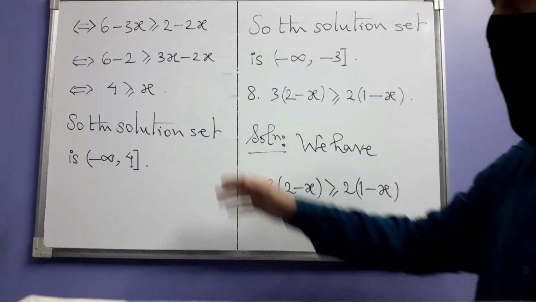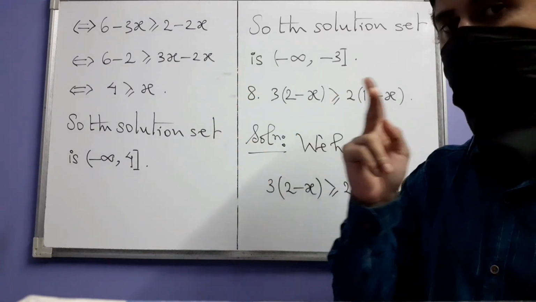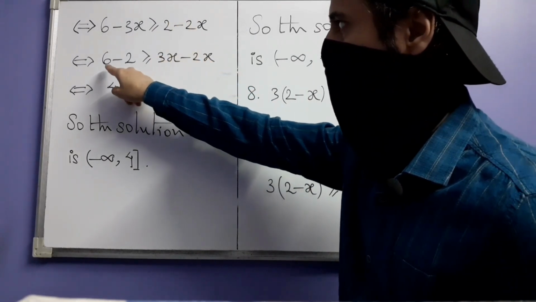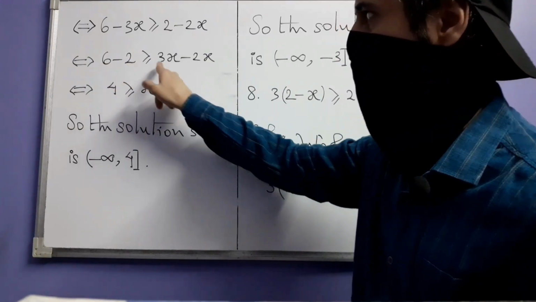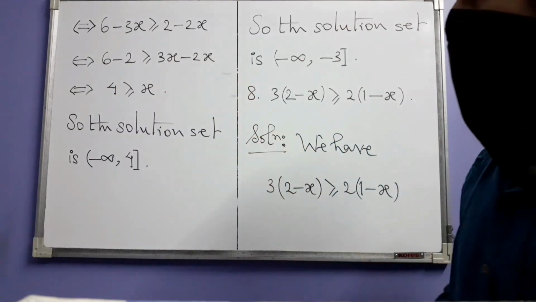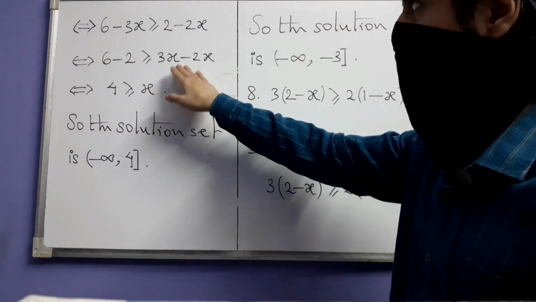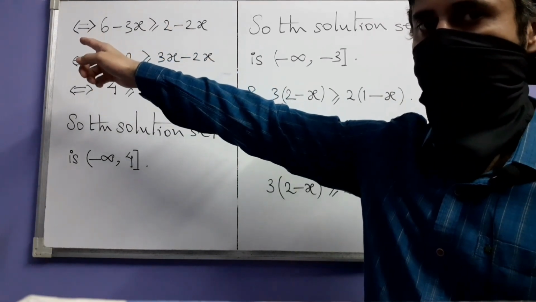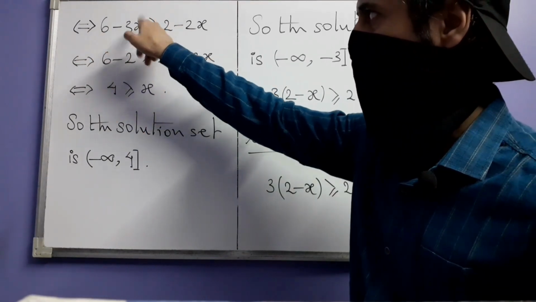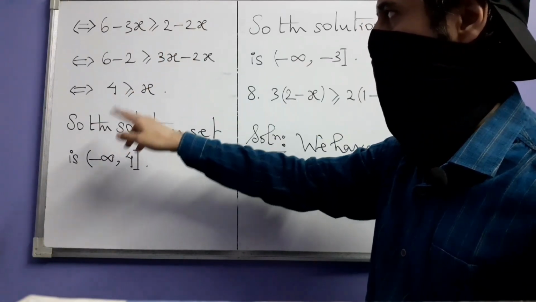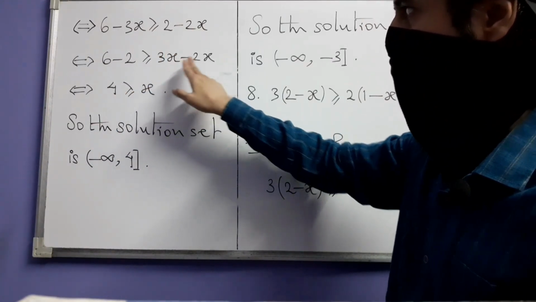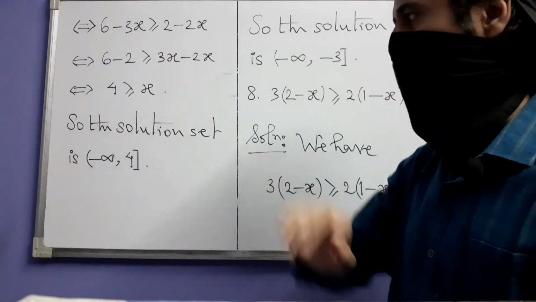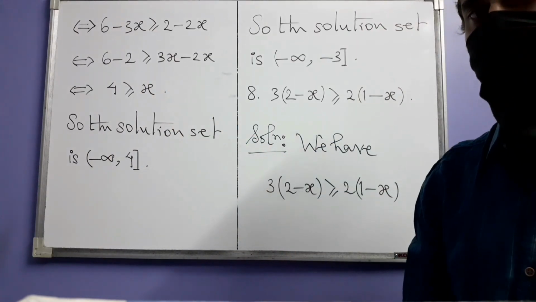Alright. Then in the next step we do those two things. We subtract 2 from both sides, obtaining 6 minus 2 on this side, and from this side 2 is gone. And we also add 3x to both sides because we have minus 3x on that side. So x is gone from the left hand side, and on the right hand side we have 3x minus 2x. 6 minus 2 is 4, 3x minus 2x is x.